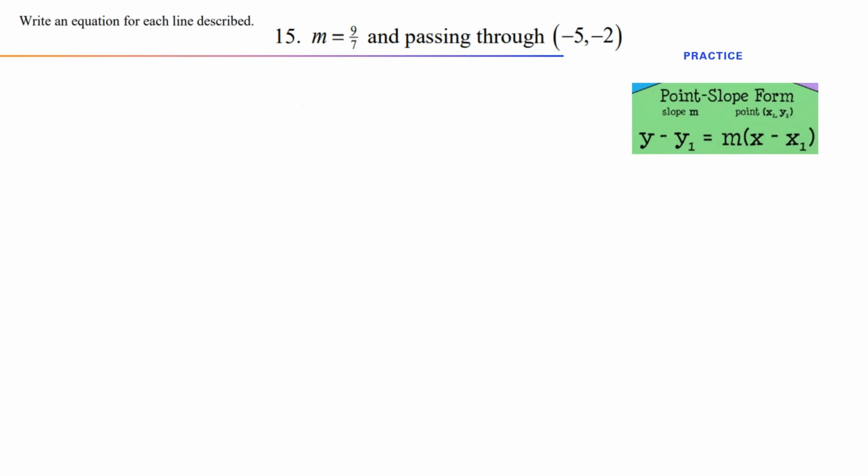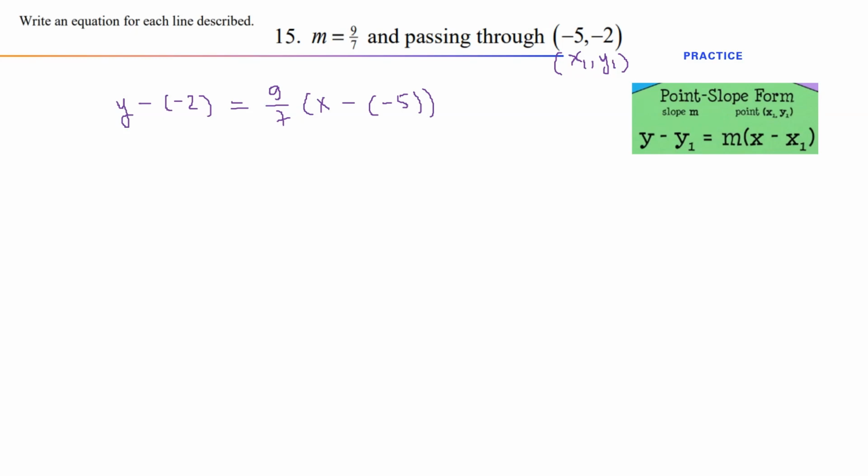So in these questions, we'll just apply that. We have y minus y1. Here is our x1 and y1 value, right? So y minus y1, which is negative 2, and then equals m, which is 9/7, times x minus x1. x1 is negative 5.